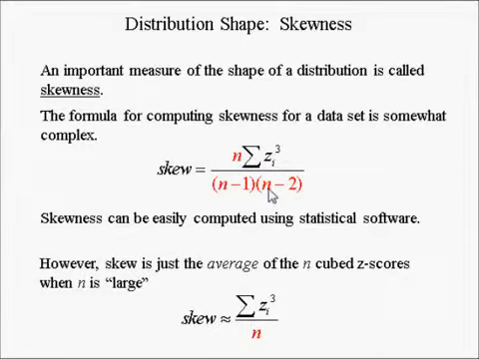And 1 divided by 1,000 is about the same as 1 divided by 998. So when n is really, really large, the ratio of these two numbers goes to 1, and the value of the skew gets really, really close to this value down here.